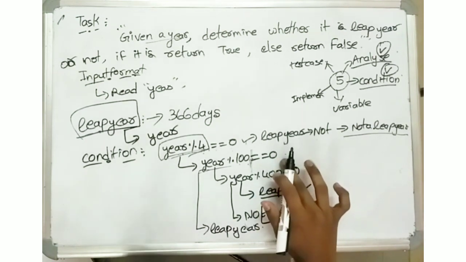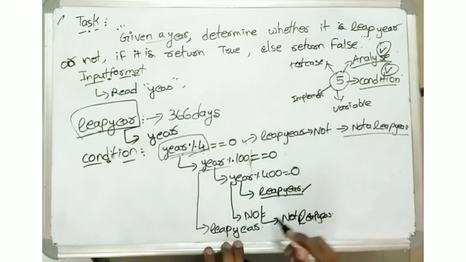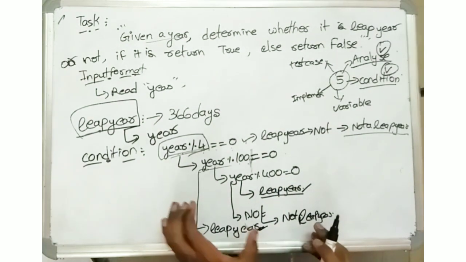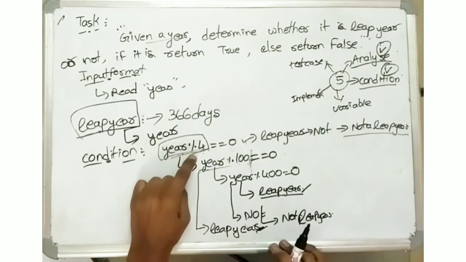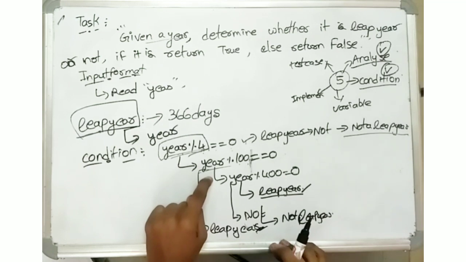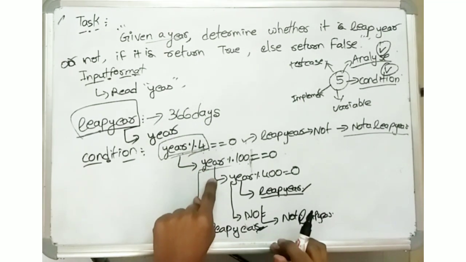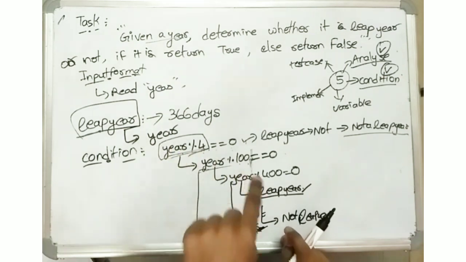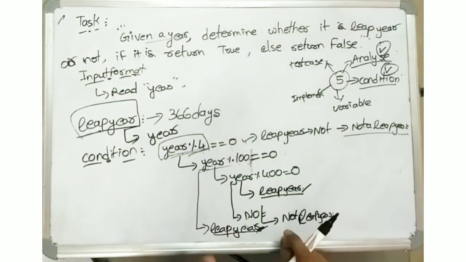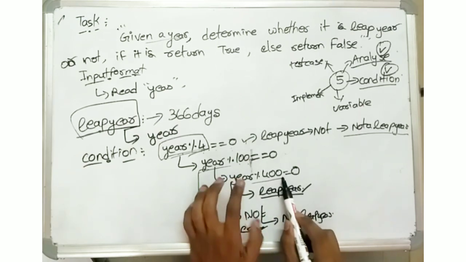If it is not divisible by 100, we simply say it's a leap year. If it is divisible by 4 and not divisible by 100, then we can simply say that the year is a leap year. If it is divisible by 4 and again divisible by 100, we need to verify whether it is divisible by 400 or not.